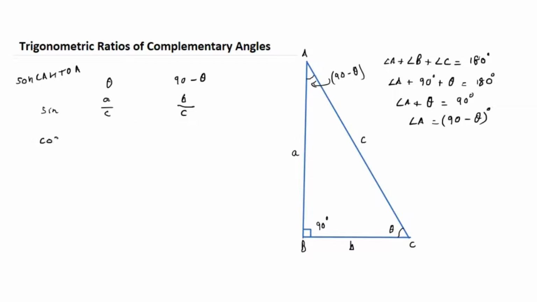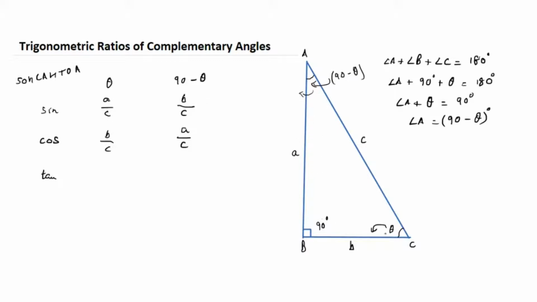Let's find out cos. Cos of theta is going to be the adjacent, and the adjacent side to theta is this, so it has to be B over C. And cos of 90 minus theta is again adjacent, which is A, so it has to be A over C. Tan is opposite over adjacent, or we can just say it's sine over cos.